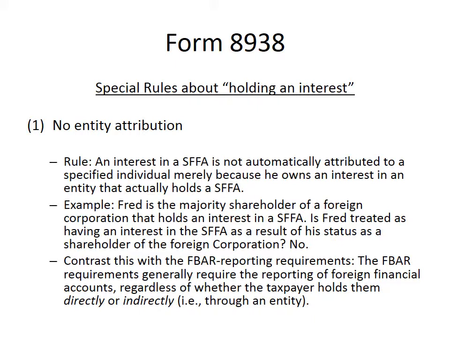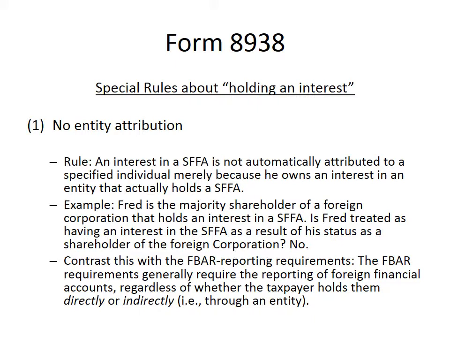This is why this is a veritable trap for the unwary. In contrasting this with the FBAR reporting requirements, the FBAR requirements generally require the reporting of foreign financial accounts, regardless of whether the taxpayer holds them directly or indirectly.